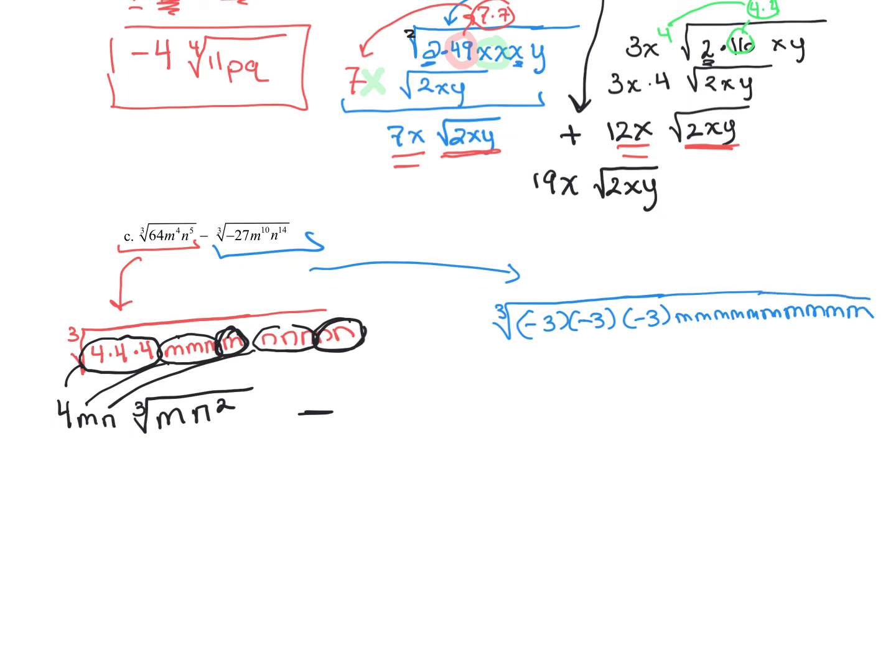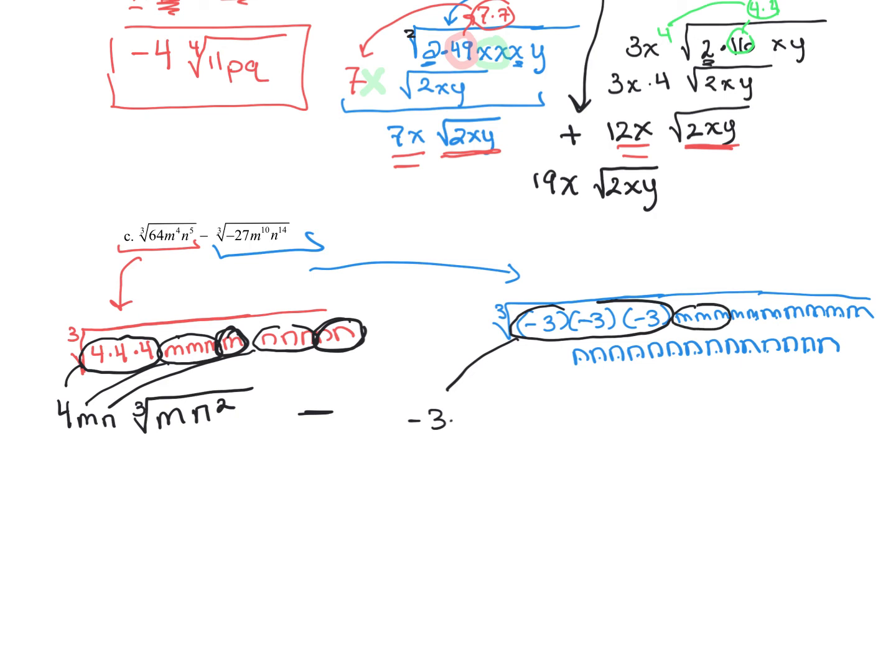My house isn't big enough, but I'm going to have to draw my n's now. 14 n's, 1, 2, 3, 4, 5, 6, 7, 8, 9, 10, 11, 12, 13, 14. The rule is I have to make a group of 3 to make it pop out. I have a group of 3 negative 3s, so 1 negative 3 gets to pop out.